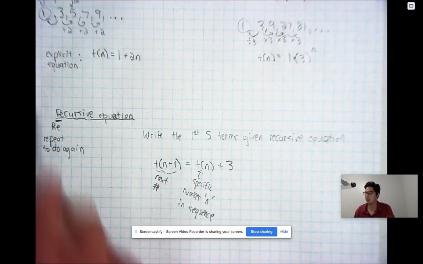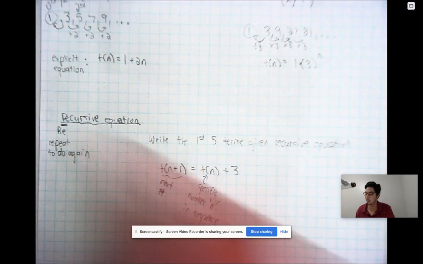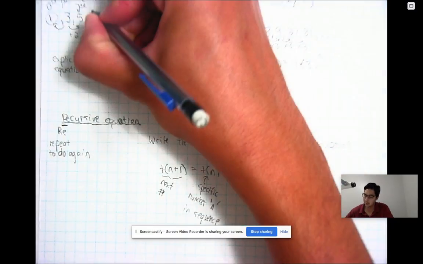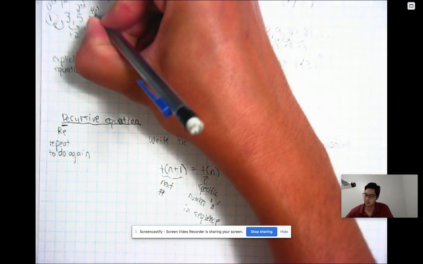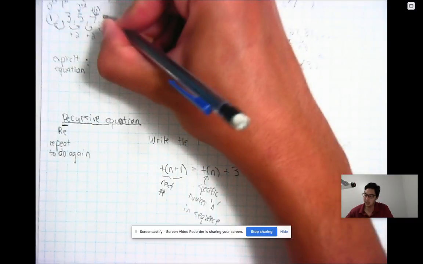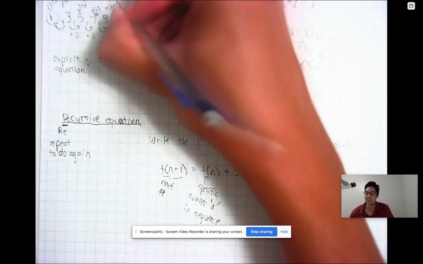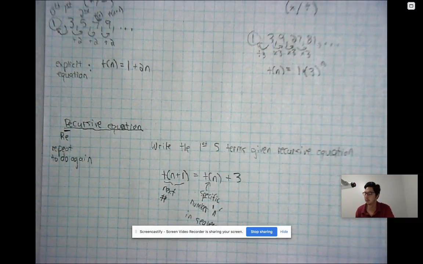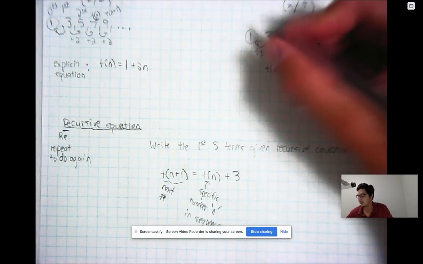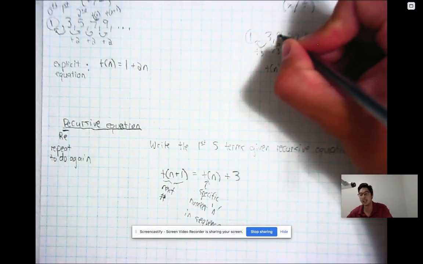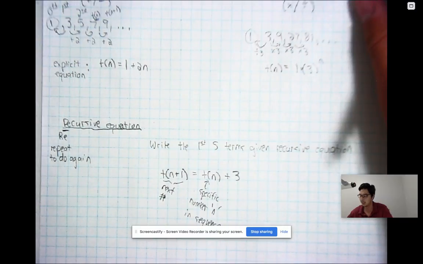So if I look up here at 1, 3, 5, 7, 9, an example would be say 7 is t of n. Well, 9 would then be t of n plus 1, because it's the next number. Over here, if t of n might be 3, t of n plus 1 would be the 9. It's the next number, and that's what that's saying here.